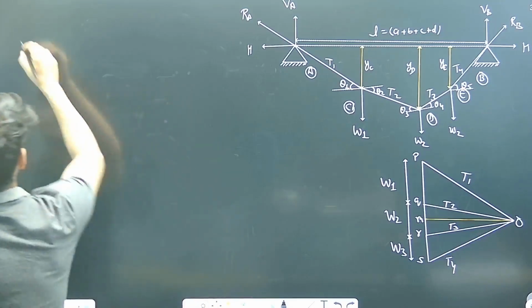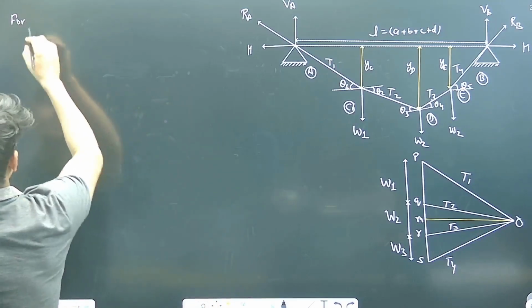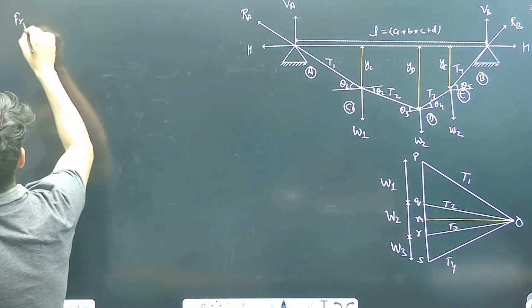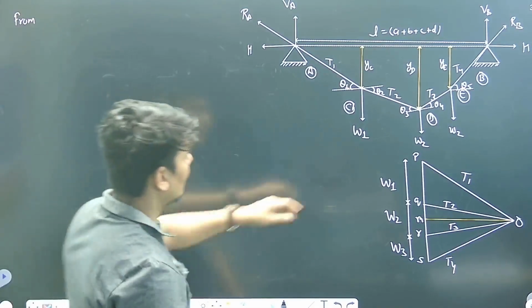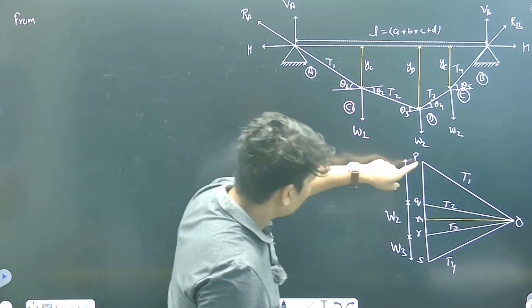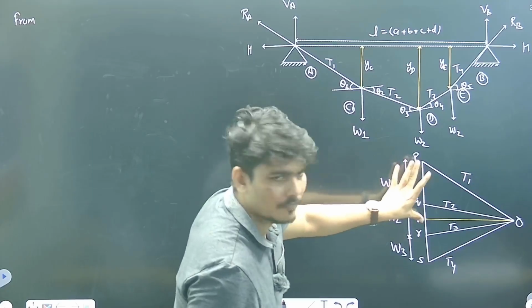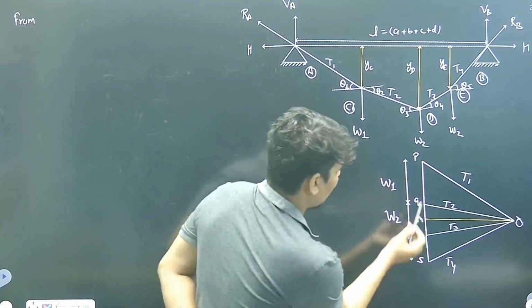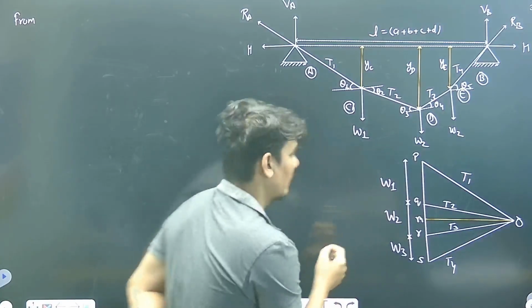From P to M, right? From P to M. What does it represent?